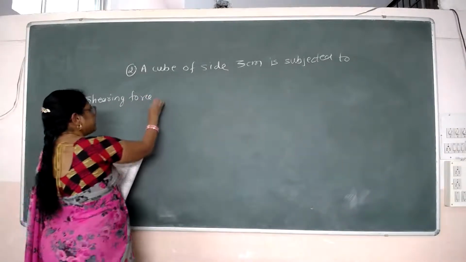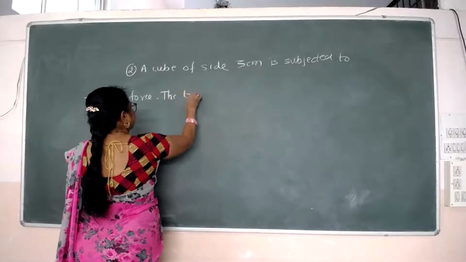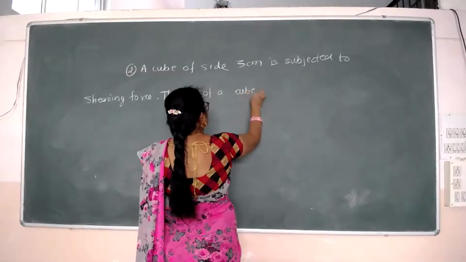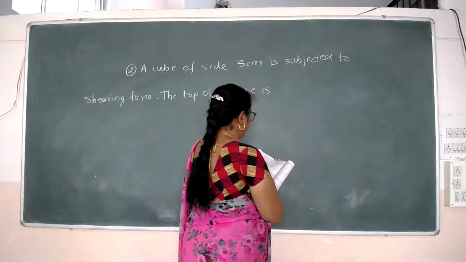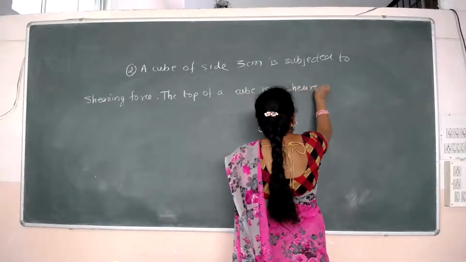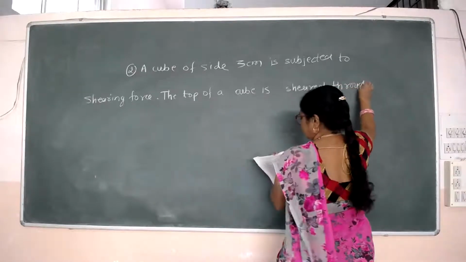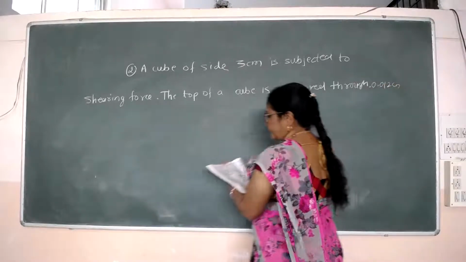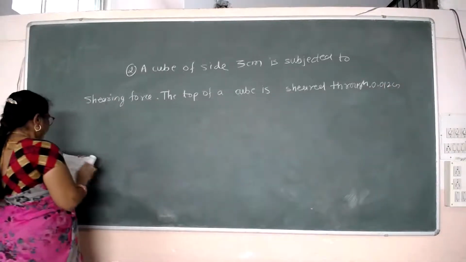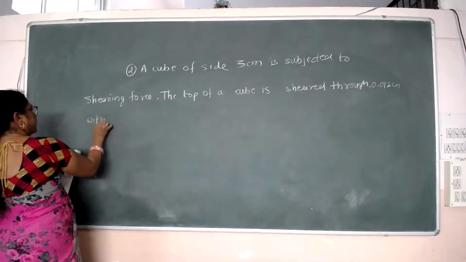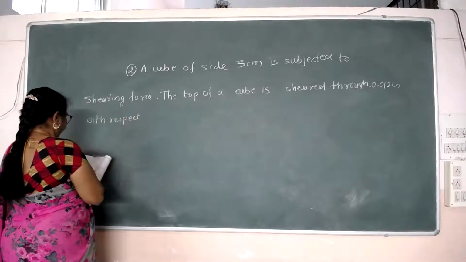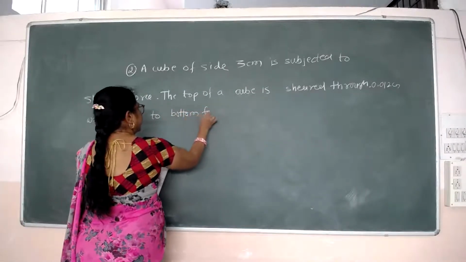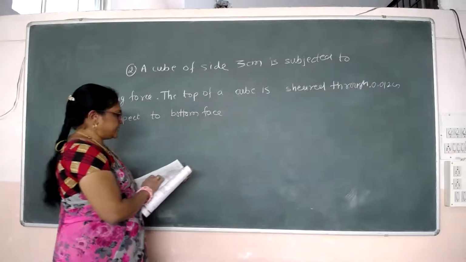The top of the cube is sheared through 0.012 centimeter with respect to the bottom face.